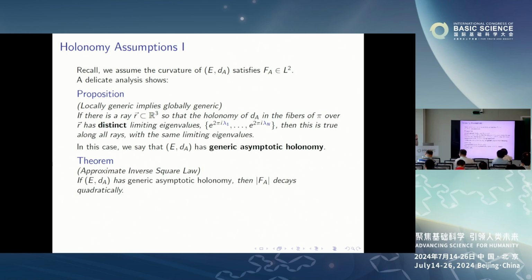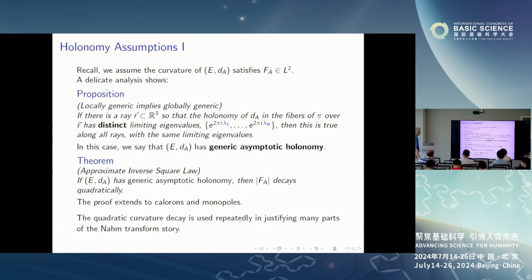If the curvature is bigger than that, then it's really hard to understand how to prove such things. In the degenerate limit, this inverse square law extends to calorons and monopoles. As I said, this quadratic curvature decay is used over and over again in justifying aspects of the Nahm transform story.